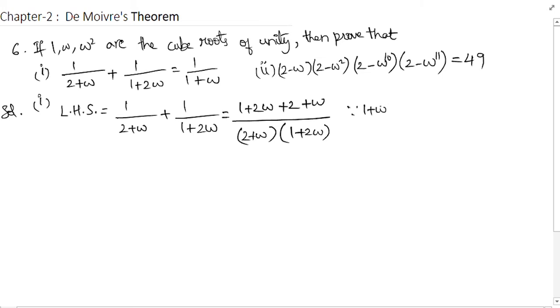Since we know that 1 plus omega plus omega square is equal to 0 and also omega cube is equal to 1. Okay, these are the formulas you know, right?